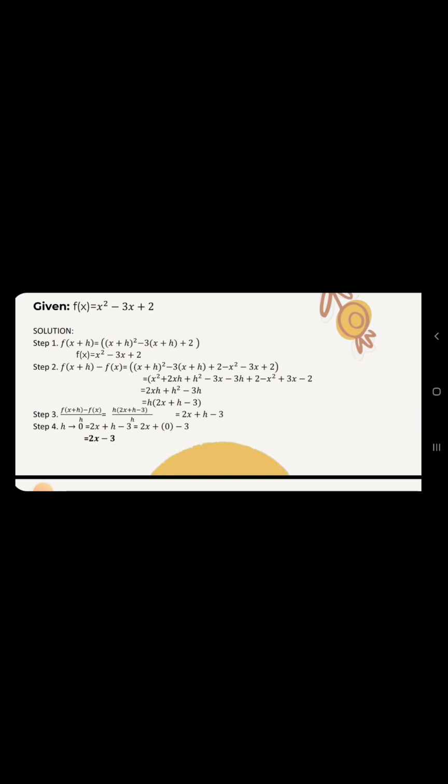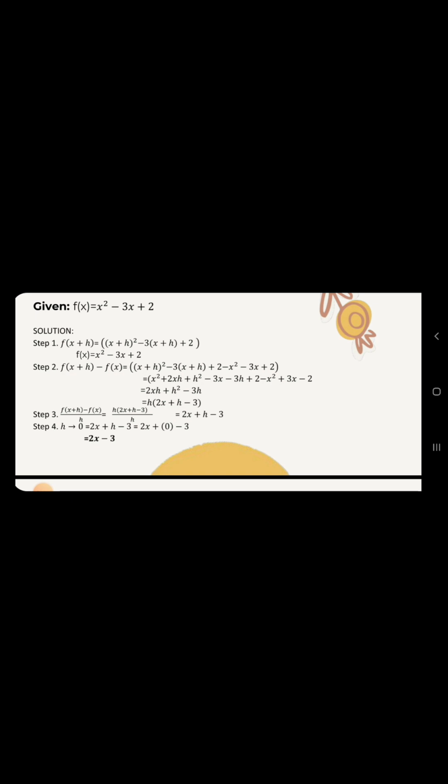So f of x plus h is equal to x plus h raised to the power of 2 minus 3 times x plus h plus 2. And f of x is equal to x squared minus 3x plus 2.